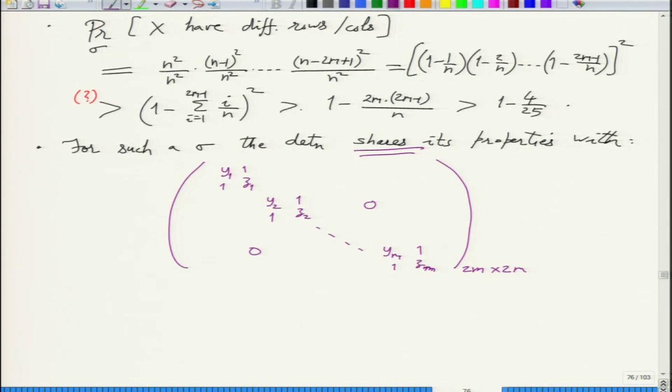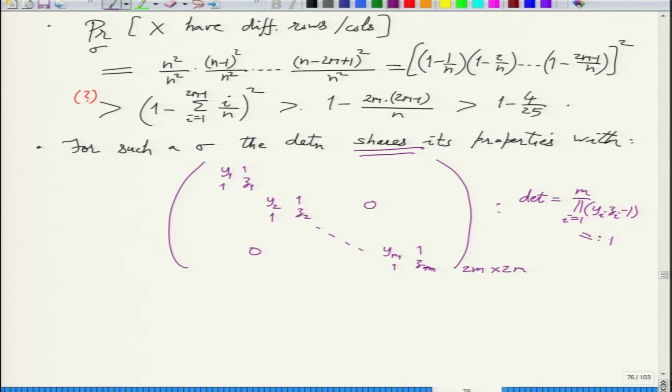But look at this matrix. Its determinant is equal to the product of yi zi minus 1. If you get to this matrix, then its determinant is something we understand, the product of yi zi minus 1.